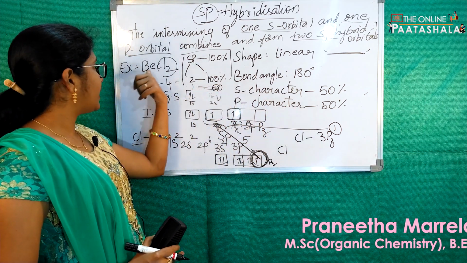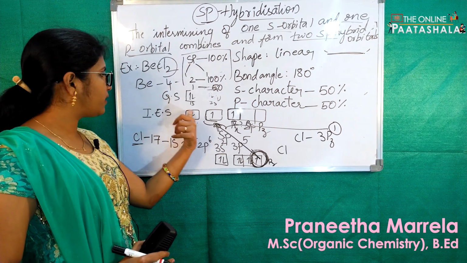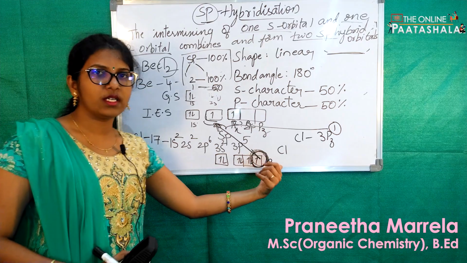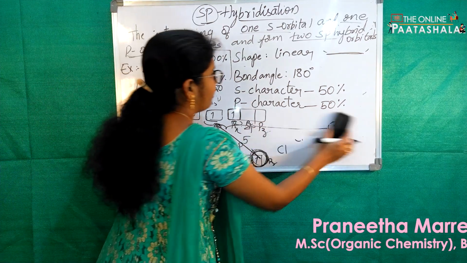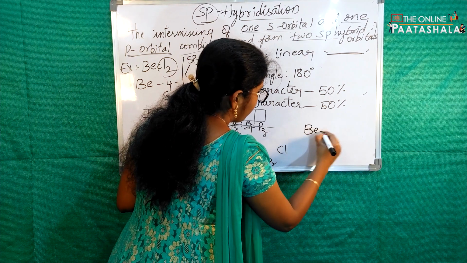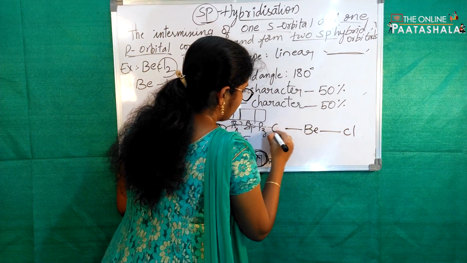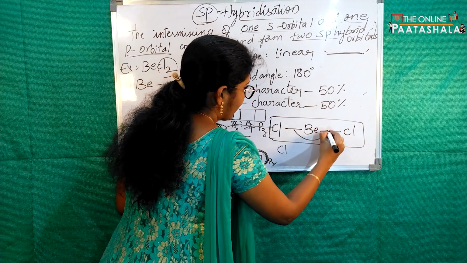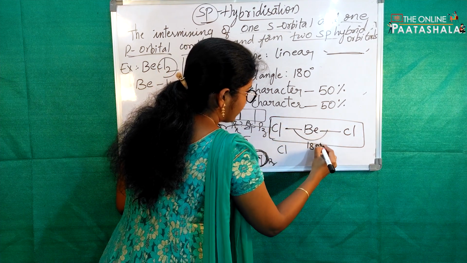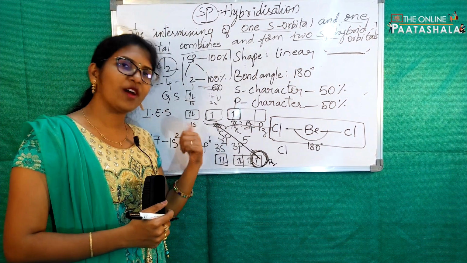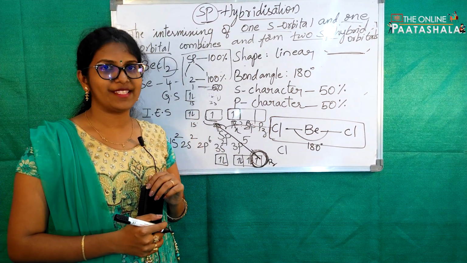Next, take an example and draw in the form of orbitals, and finally how the shape will be, BeCl2. This is the shape. The bond angle between them is 180 degrees. This is about sp hybridization.